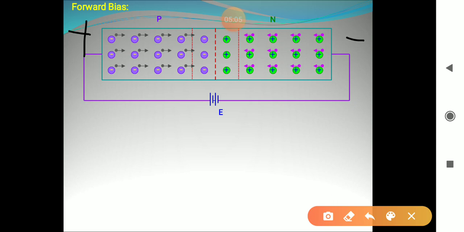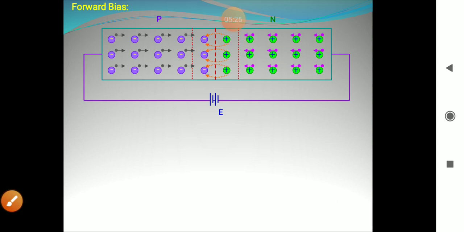So as a result, the thickness of depletion layer decreases and majority charge carriers rush towards the junction and electron hole recombinations take place at the junction. So due to flow of majority charge carriers, a large current of the order of milliampere flows through the circuit.